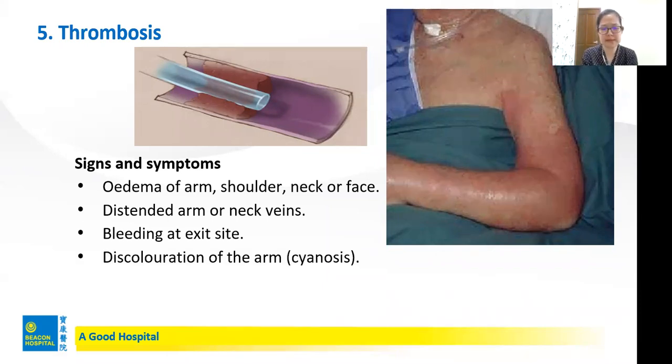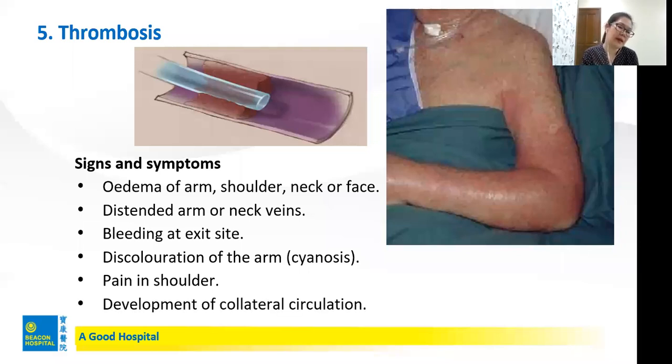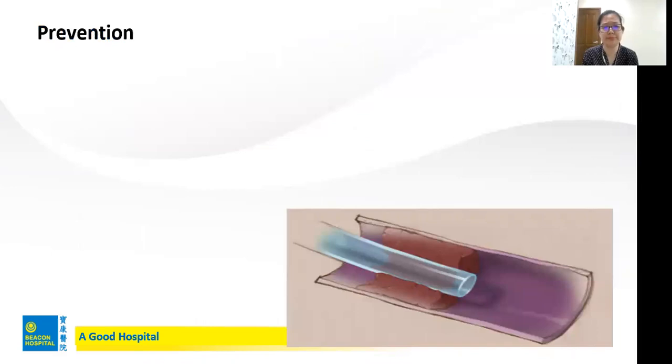You might observe discoloration of the arm or cyanosis and pain in the shoulder. This is like a deep vein thrombosis already, okay? And it might develop collateral circulation. How to prevent?